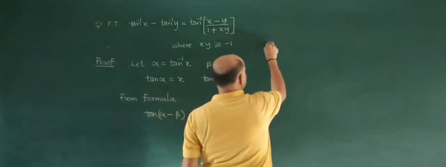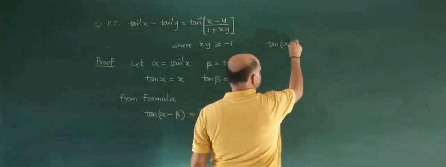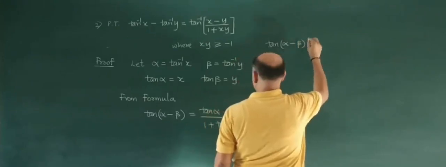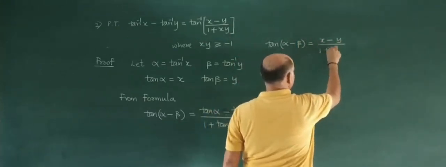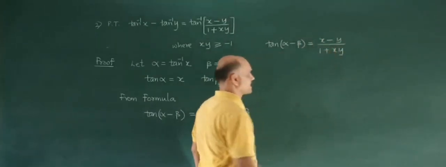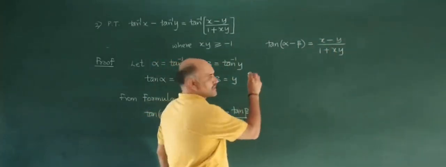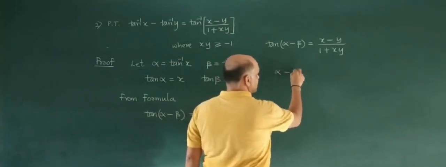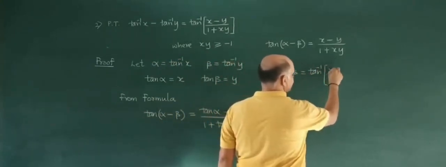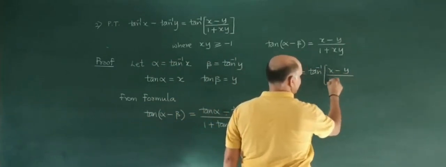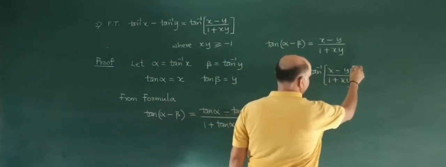So you will have tan of alpha minus beta is equal to x minus y divided by 1 plus xy. So pass tan to the RHS. So alpha minus beta is equal to tan inverse of x minus y divided by 1 plus xy.